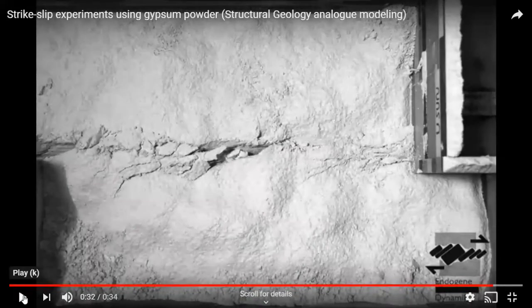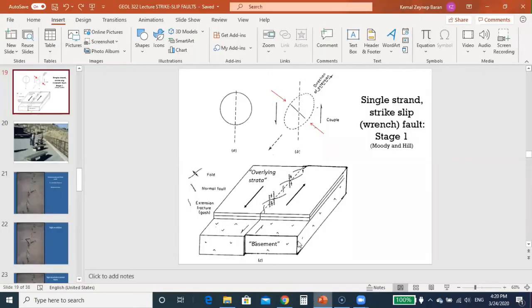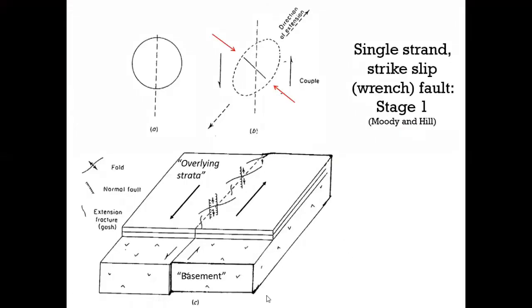So that means this experiment shows us that when we have a left lateral strike-slip fault, first order Riedel shear structures will form as fractures at low angle to the main strand of the structure.